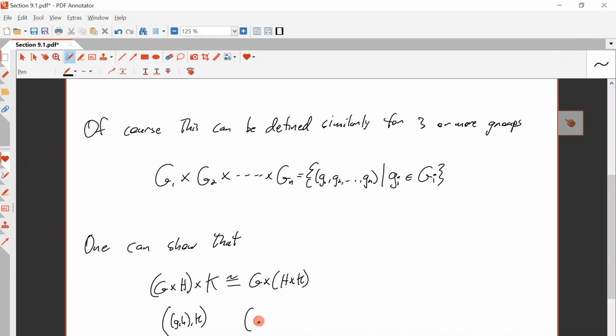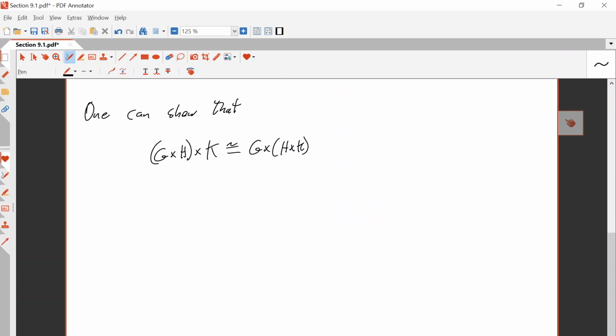We just write G cross H cross K. So direct products can be done for 3 or more groups, and it works out just the same as it does for 2. All right, theorem.